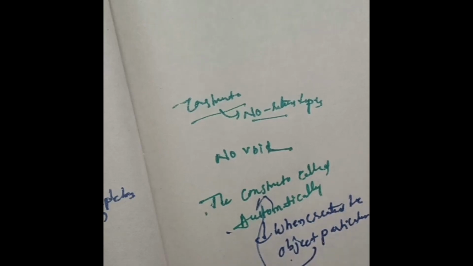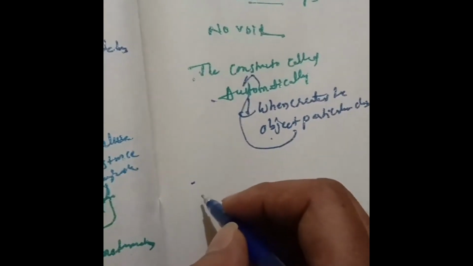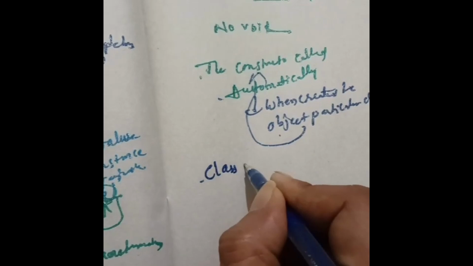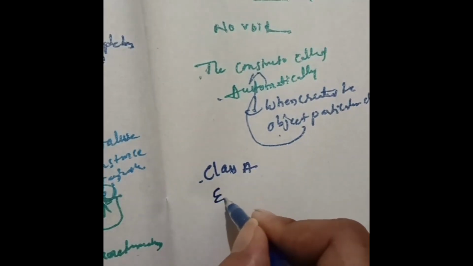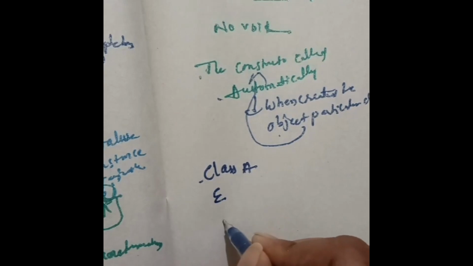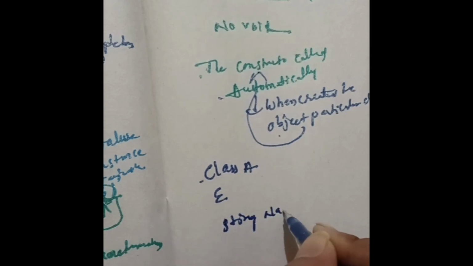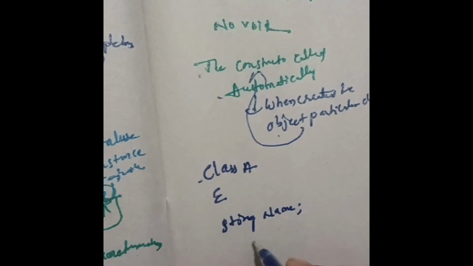How to write a program with a constructor: first, class A. In class A we use some instance variables. Take some variables, String name, semicolon, and int age, then close brace.